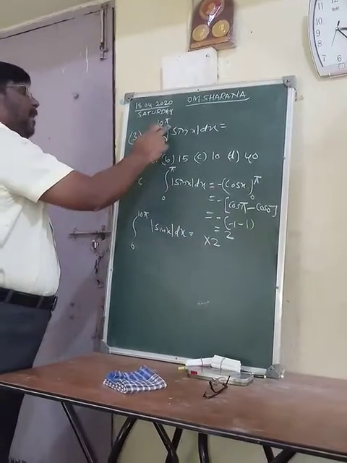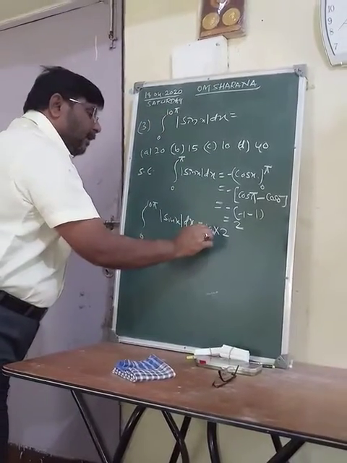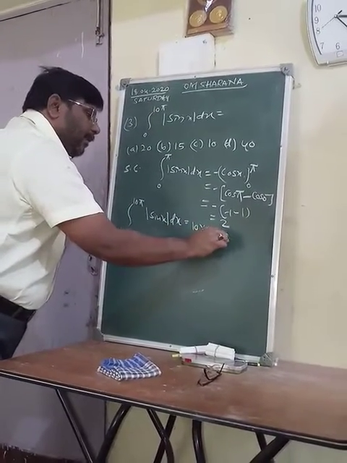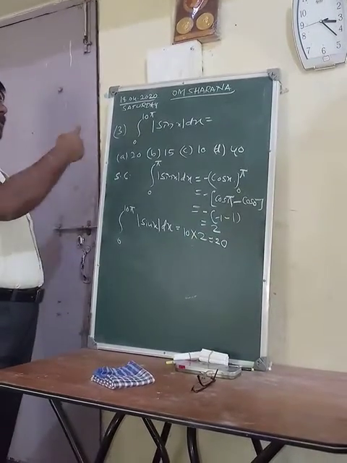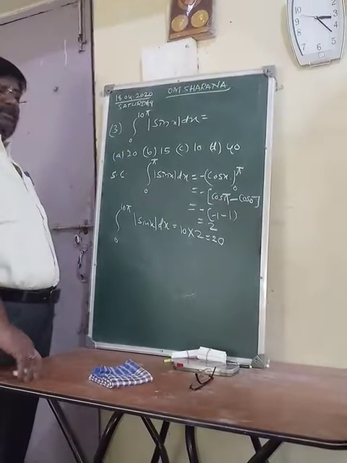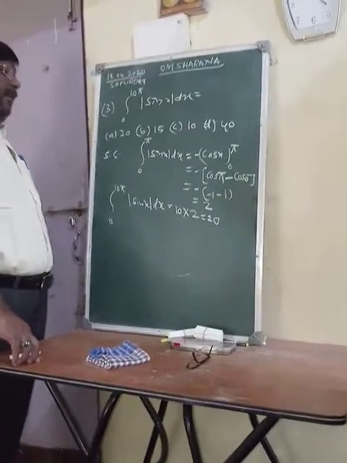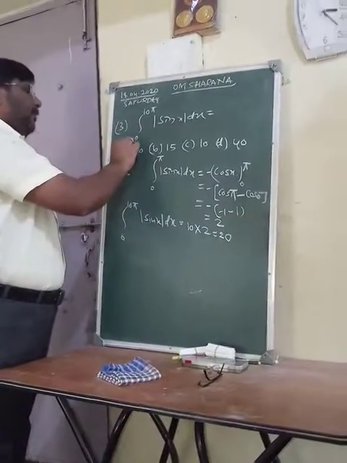It should be multiplied by the coefficient of pi here, this integer. It is 10. So its value is 20. If you want to verify, you can go through the usual theoretical method, you will get 20. So this is a very quick shortcut method to find the value of such integrals. Our option is 20.